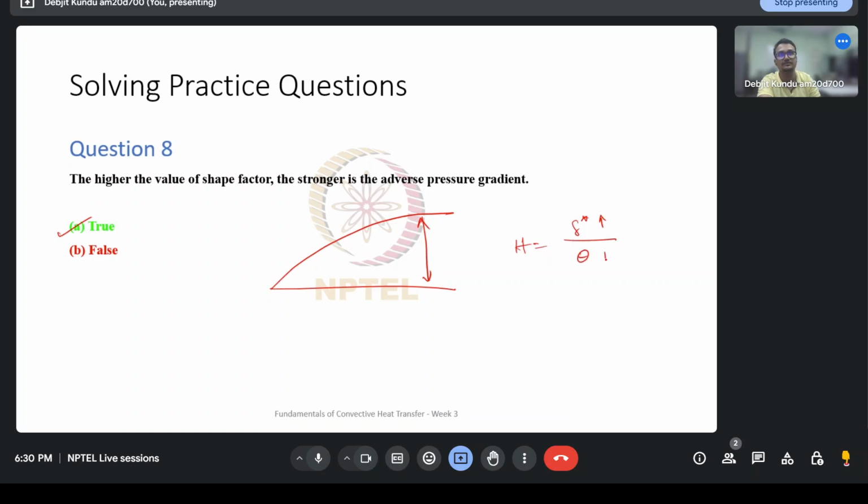The momentum thickness also rises, but not as much as the displacement thickness. So the rise in delta star dominates over the rise in theta, and as a result the shape factor also increases. So this is the reason why in the presence of adverse pressure gradient the value of shape factor goes up.